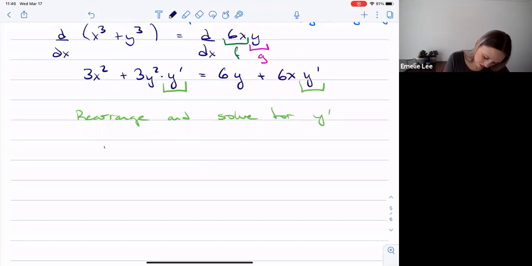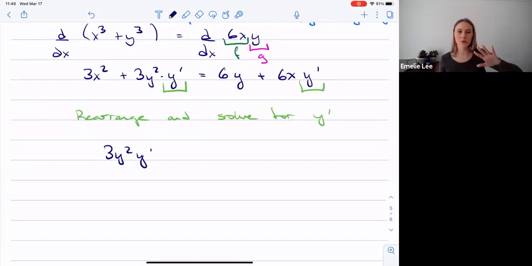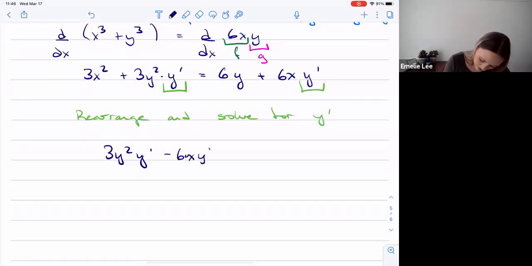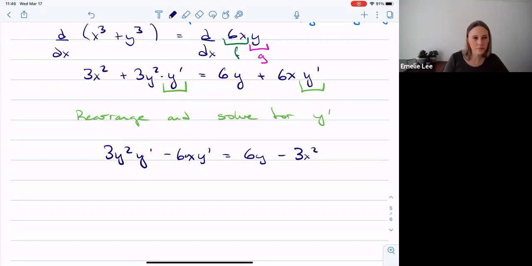Okie dokie. So we have 3y squared times y prime. I'm going to keep my y prime terms on the left-hand side, and move all my non-y prime terms to the right-hand side. So 3y squared y prime minus 6x y prime equals 6y minus 3x squared. Make sure I did everything legally. I did.